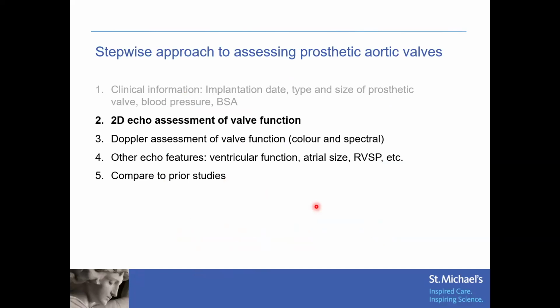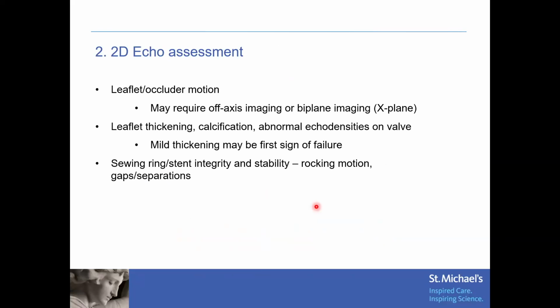Okay, so moving on to step 2, which is the echo assessment of the valve itself. When we talk about looking at the valve, there's a few key points. So you want to look at the occluders and the leaflets themselves. It's not always possible with bioprosthetic valves. Mechanical valves are a little bit more straightforward, unless, of course, there's shadowing.